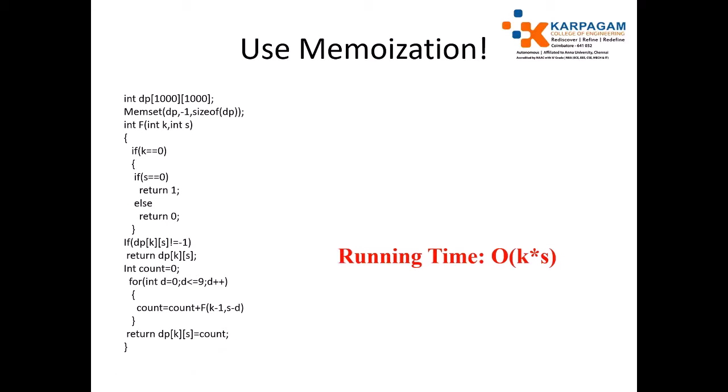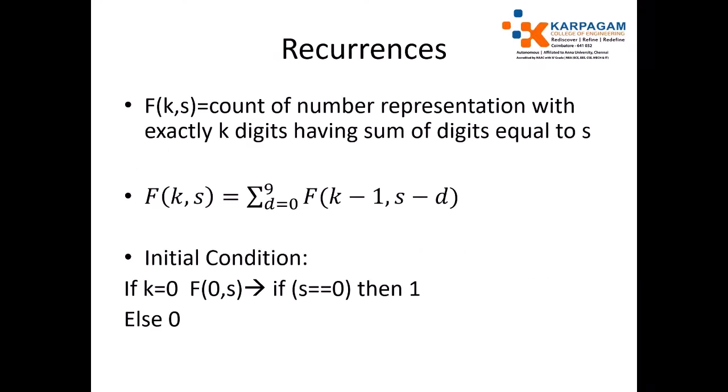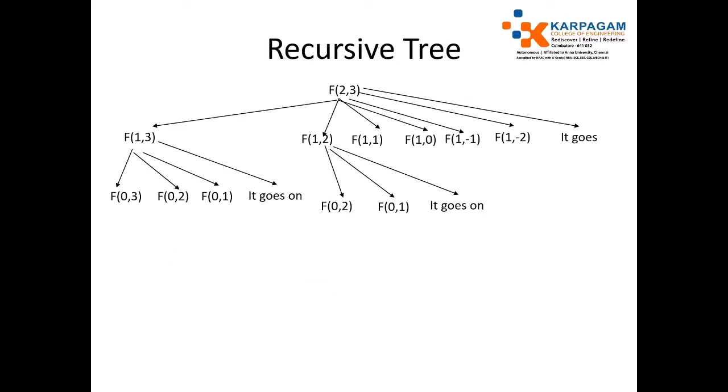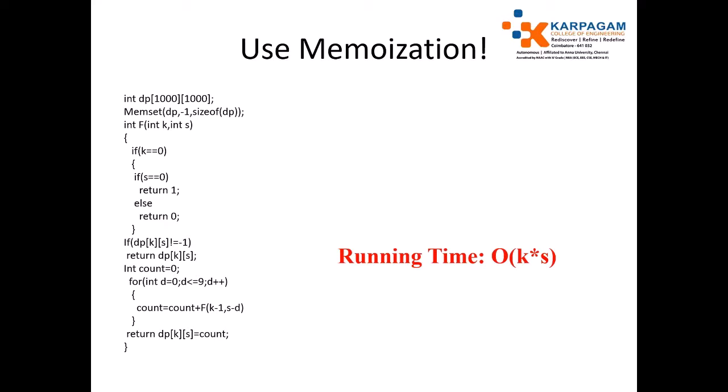This is the dynamic programming approach to find the count of numbers with exactly k digits having sum of digits equal to s. The running time for this approach is order of k into s, where k is the number of digits and s is the sum required.